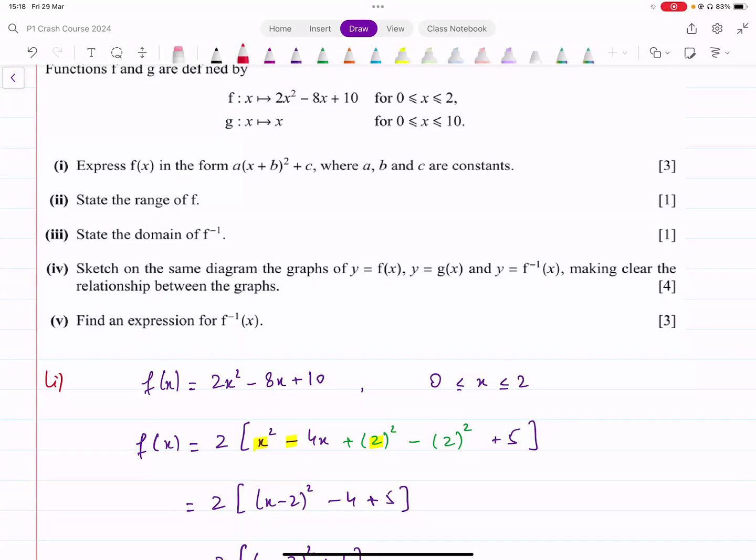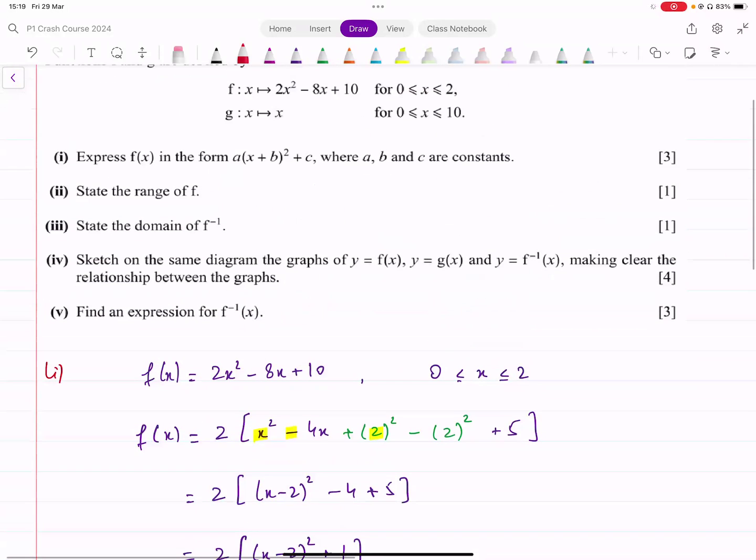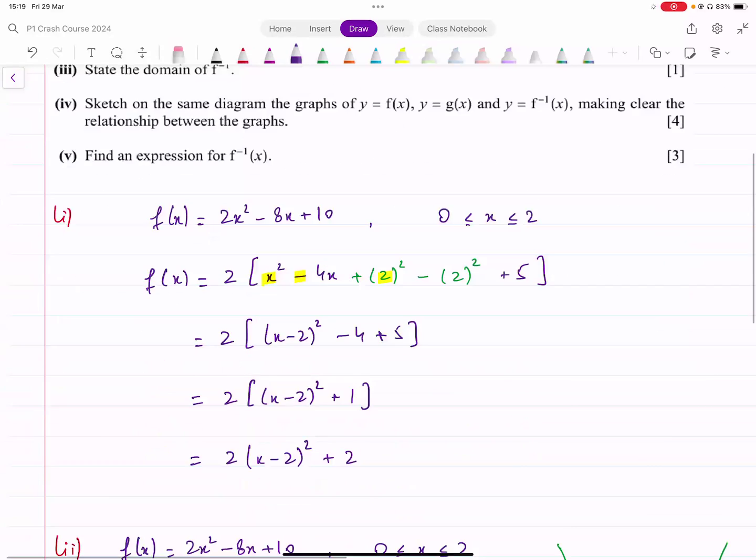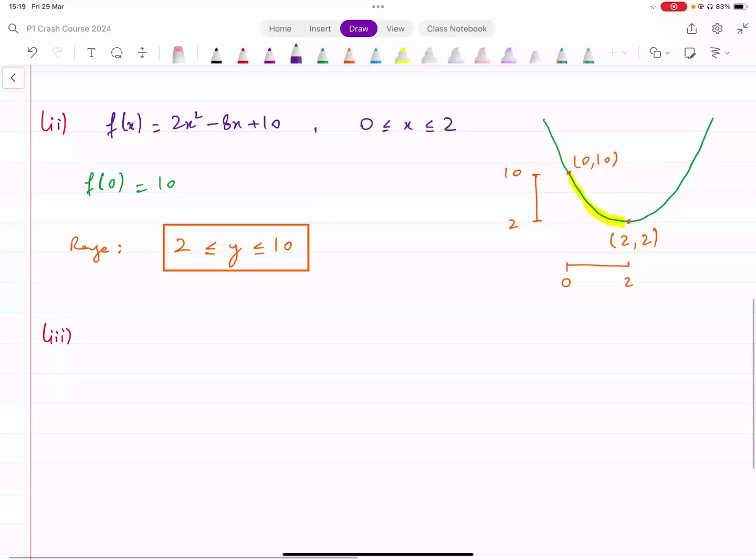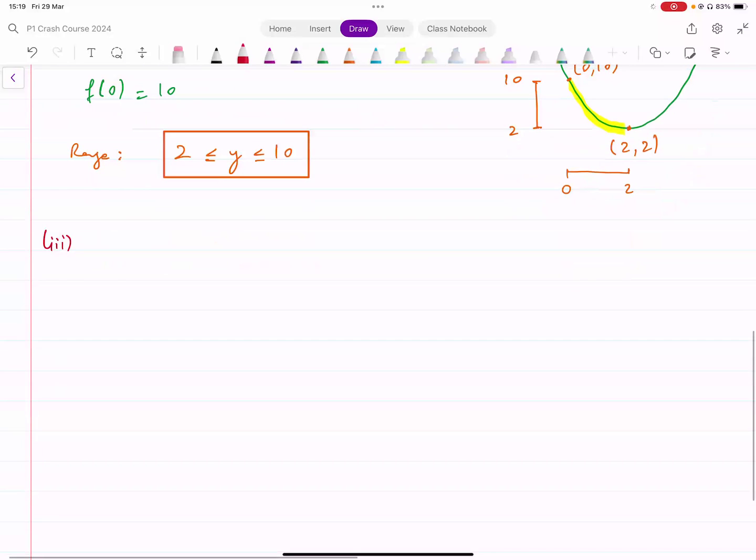Any idea? We talked about this in the last class, and I just revised that as well. The domain of the original function is the range of the inverse function. The range of the original function is the domain of the inverse function.